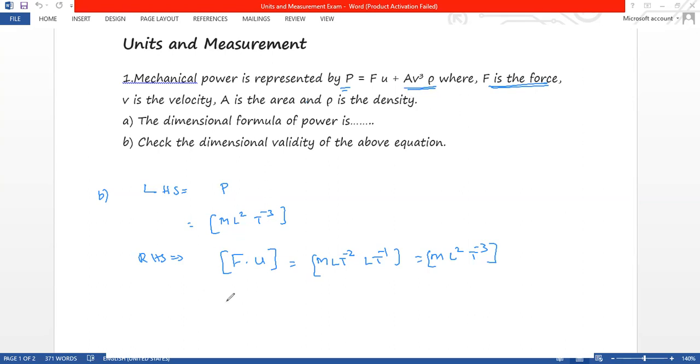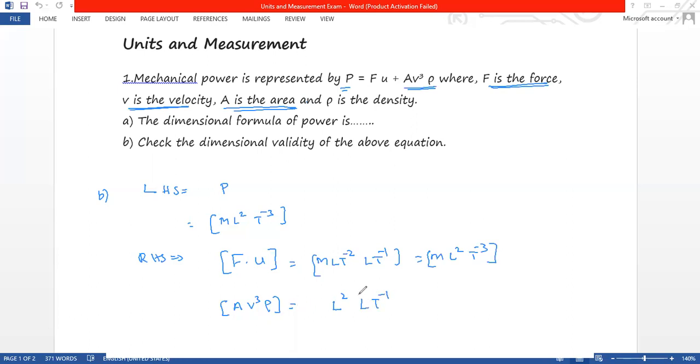So dimension of A V cube into rho equal to, what is A in the question? A is the area. Area means side into side, that is L square, length into length. Then what is V? V is the velocity. Velocity means L t raised to minus 1.